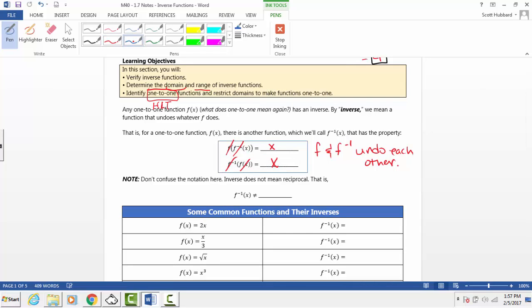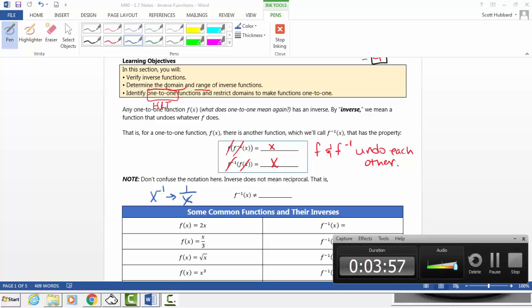Now, people usually get kind of confused. We've been using this symbol in algebra 1 and algebra 2 as the reciprocal. So if you saw x to the negative 1, you kind of know that that's also the same thing as 1 over x. Unfortunately, it doesn't mean the same thing here.